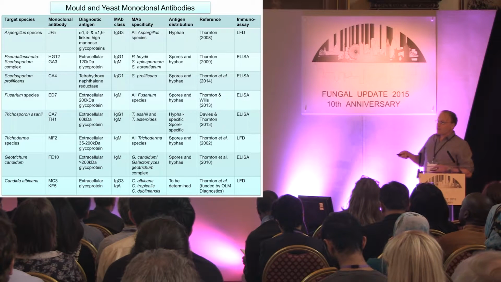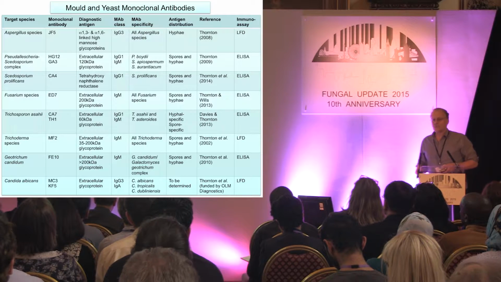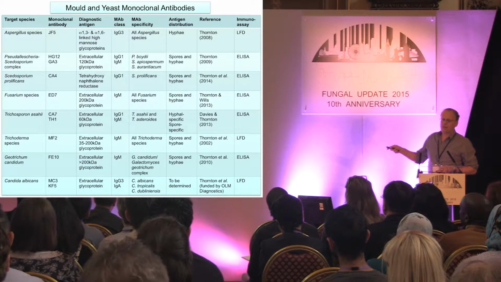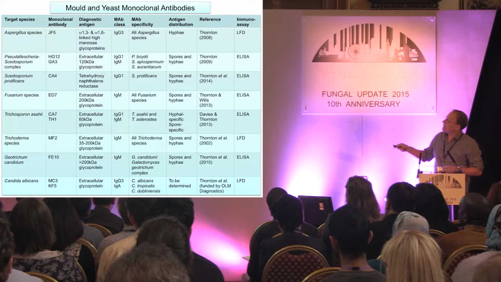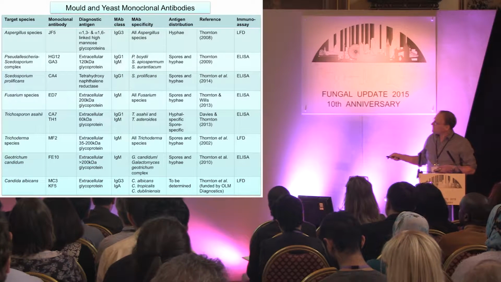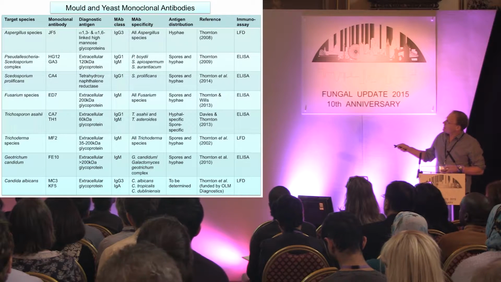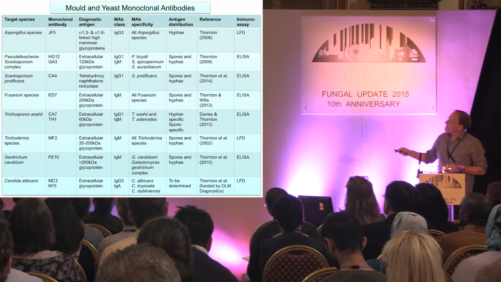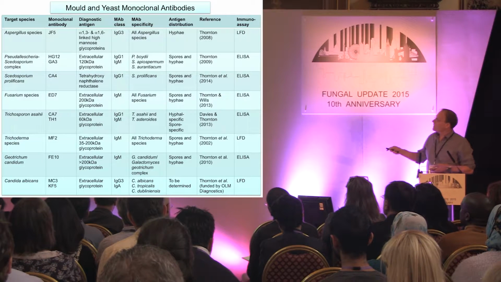And unless you've got multiple degrees in glycobiology, the likes of me are never going to be able to work out what they're recognizing. So they're recognizing carbohydrate epitopes on very large molecular weight glycoproteins. The exception here is this monoclonal antibody that's specific to Scedosporium prolificans, and it recognizes a protein as opposed to a carbohydrate.